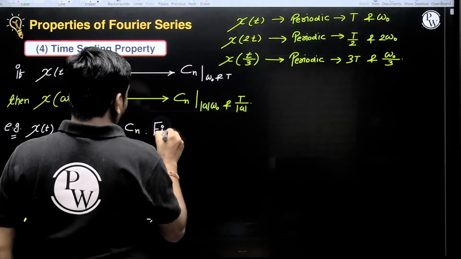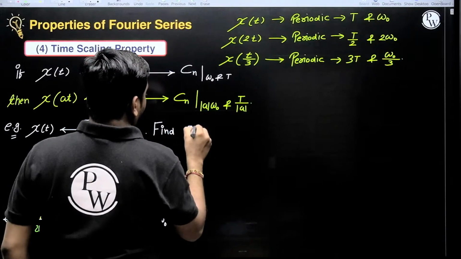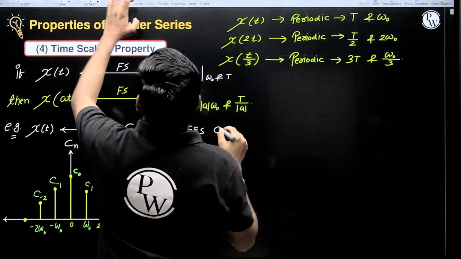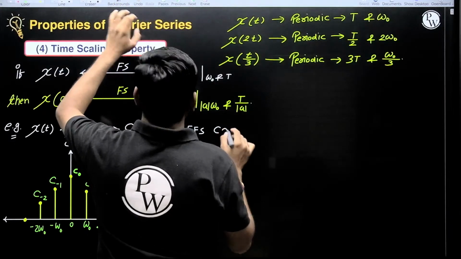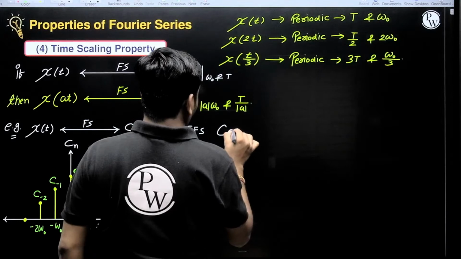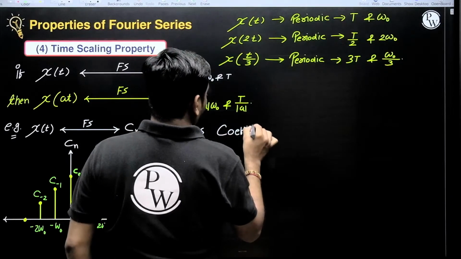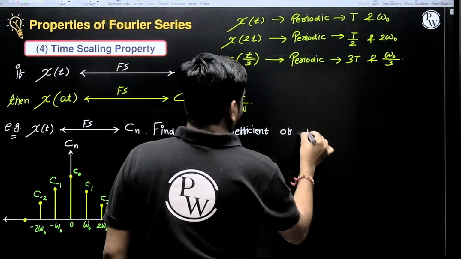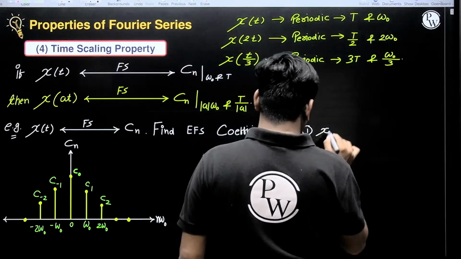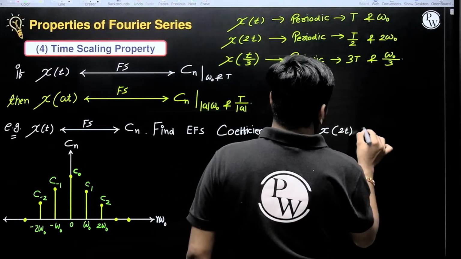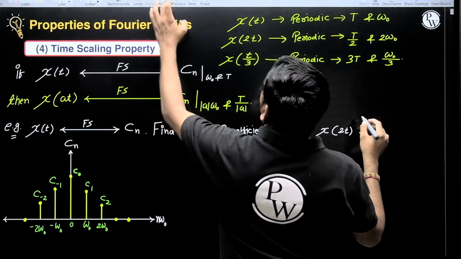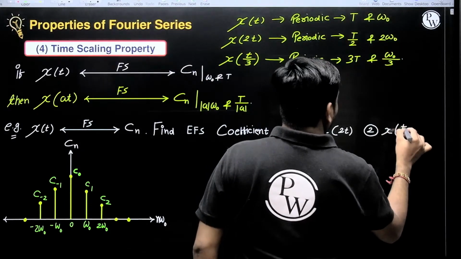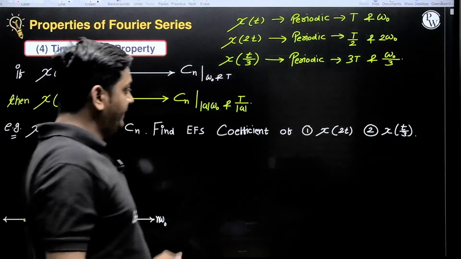Now find the exponential Fourier series coefficients of number 1, x of 2t, and number 2, x of t by 3.